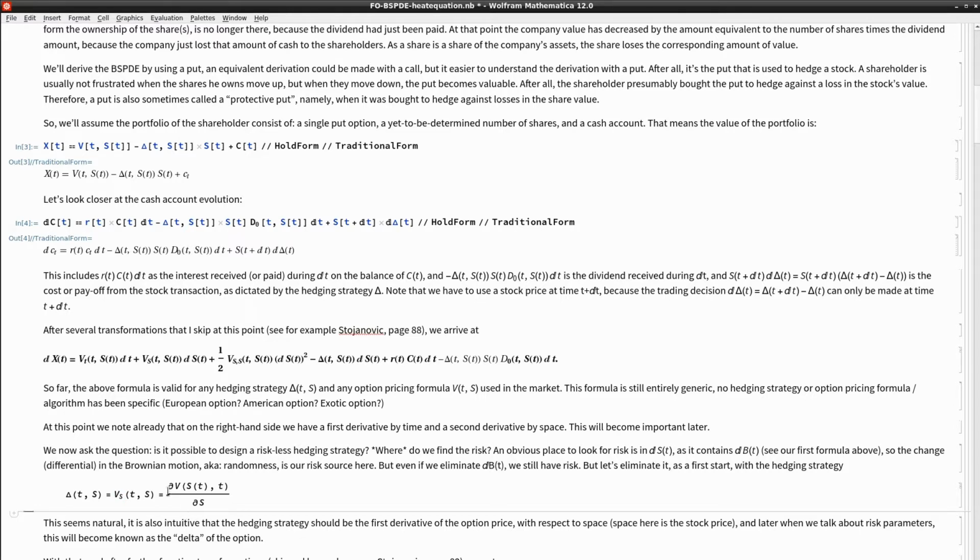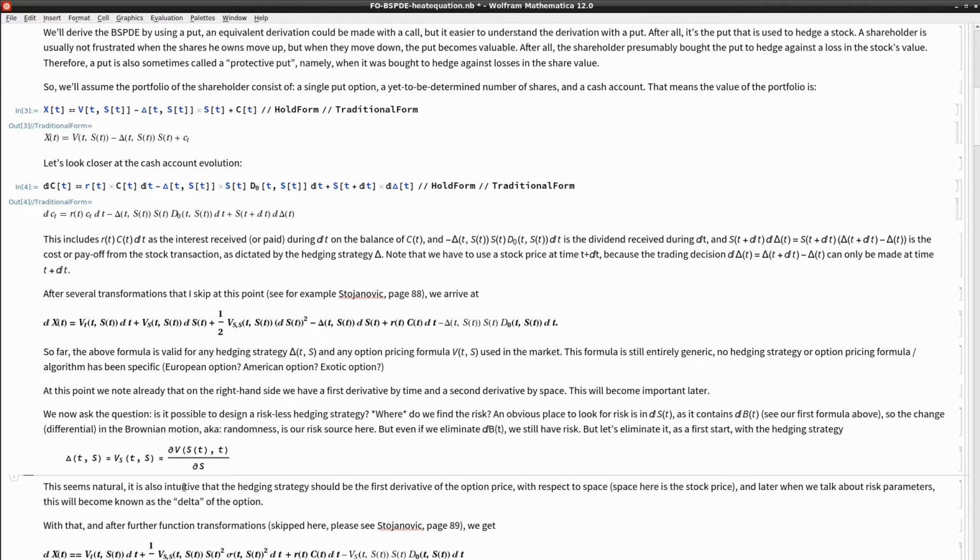All right, so it is dV by dS. And I think this seems natural. It's also intuitive that the hedging strategy should be the first derivative of the option price with respect to space. And space here means the stock price. And later when we talk about the risk parameter, this will become known as the delta of the option. And I'm already using the Greek letter delta here.